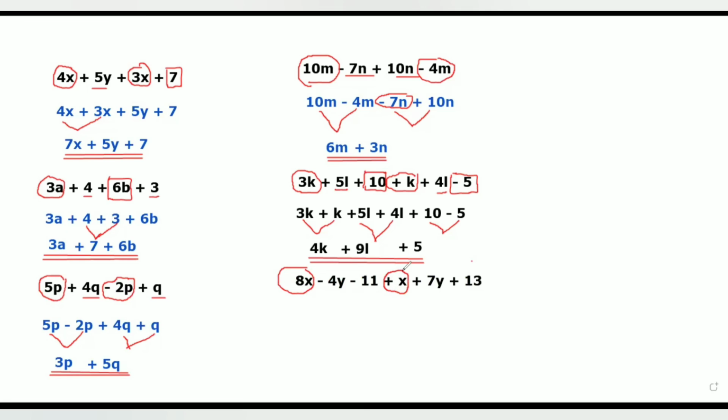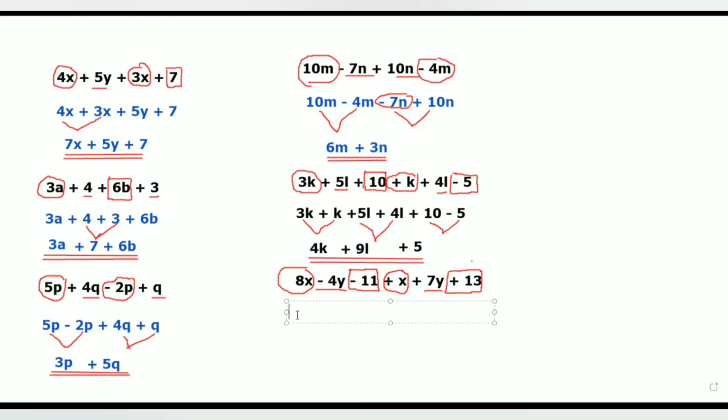So there are two like terms. Then if we take y, minus 4y and plus 7y are there. Numbers are also there, minus 11 and plus 13. Now the first thing we are going to do is rearrange this, placing the like terms together.